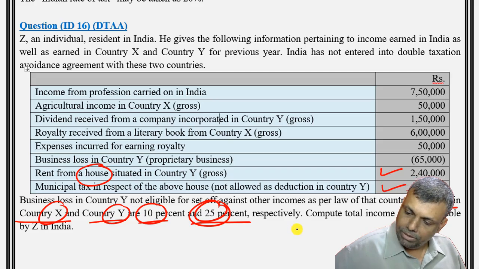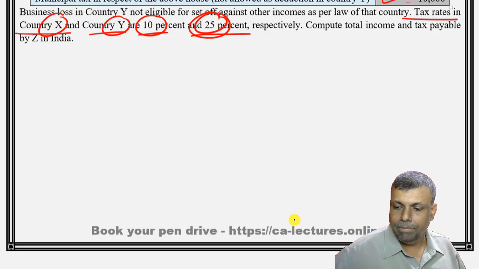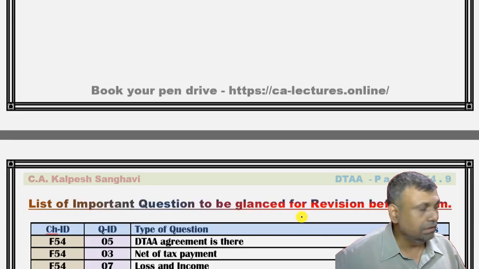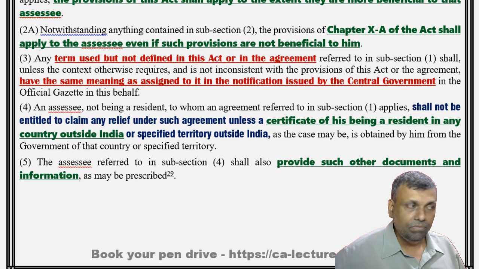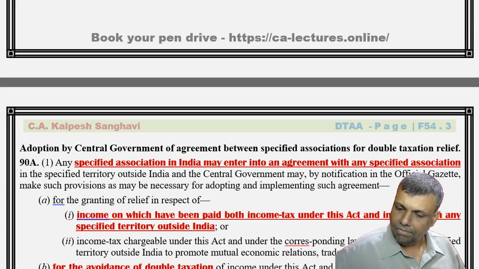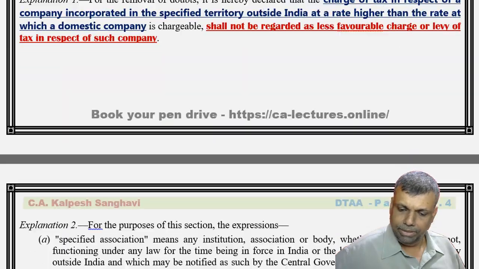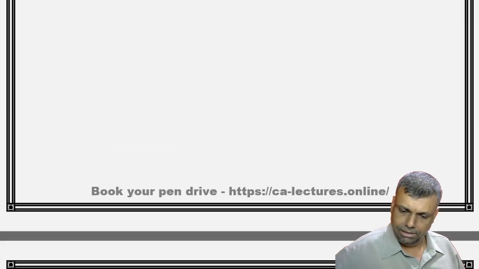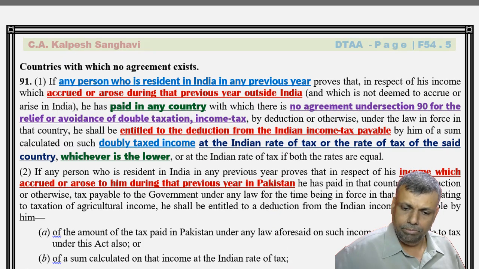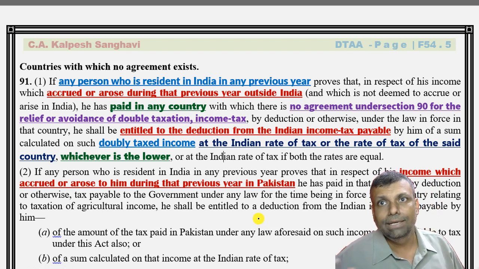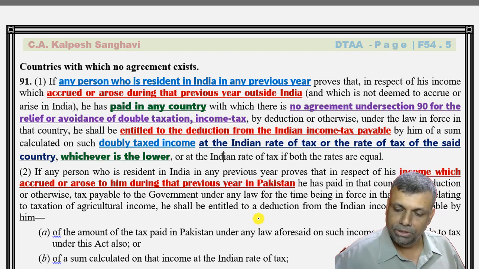Now for a moment, friends, I will take you to this particular bare provision for the purpose of analysis, and just come to this particular page. It is not a big kind of interpretation, but I will of course show to you where that different school of thought comes into picture.